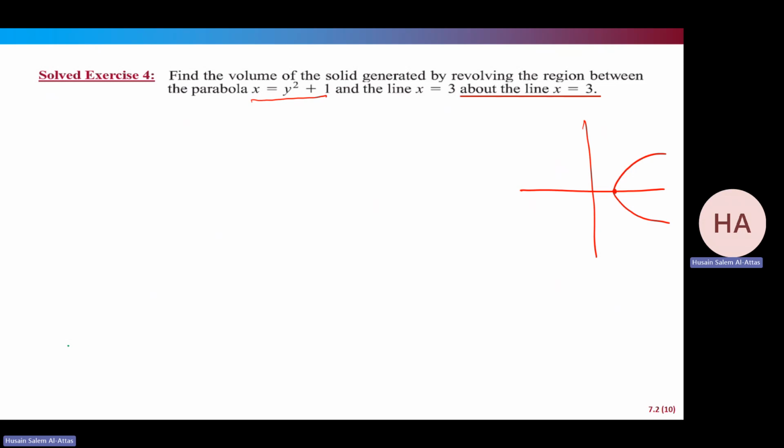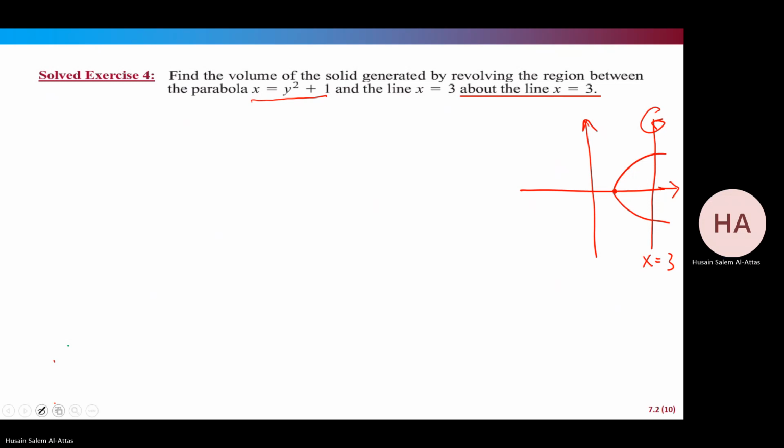This will be between this and the line x equal 3. This is the line x equals 3. This is the axis. About this line of revolution, about x equals 3. Okay. So we're talking about this area. This is the area we're talking about.